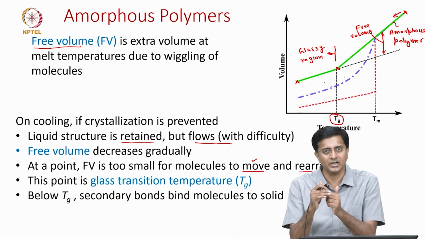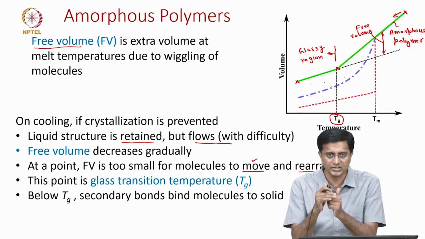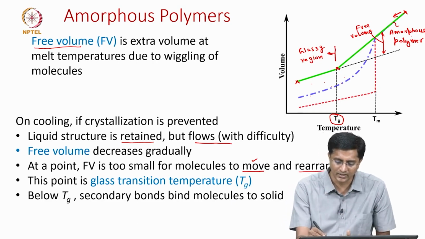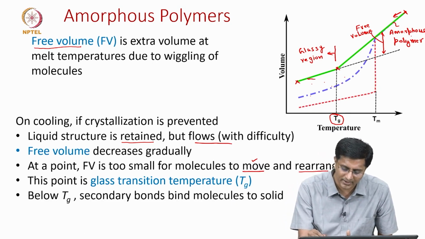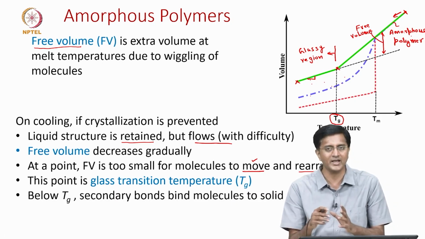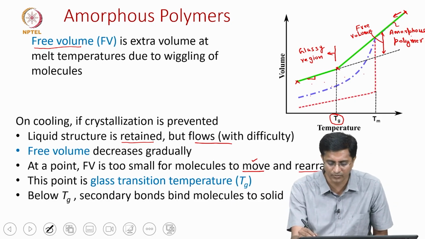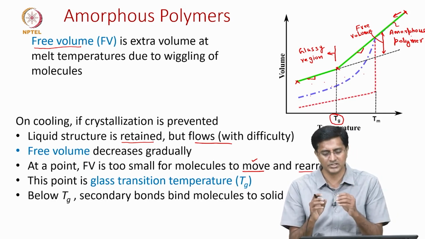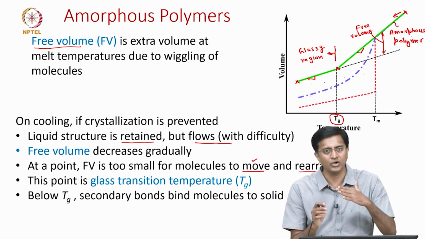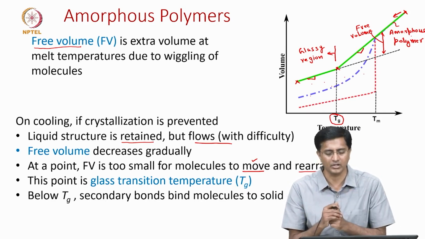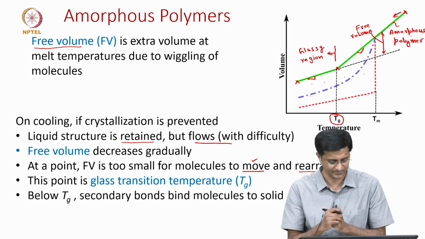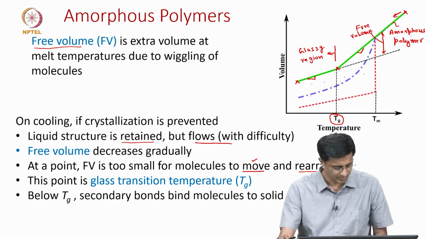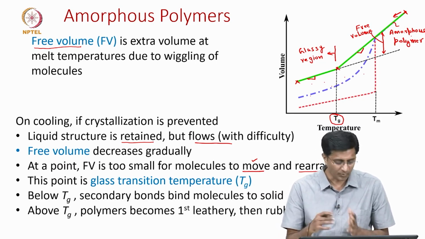But as we further decrease the temperature, this movement is less, and there is a slight decrease in the volume, not as much as in the earlier region where the slope is high. Though the slope is low, there is still a slight decrease in the volume as we decrease the temperature of these polymers. So, what happens above Tg?